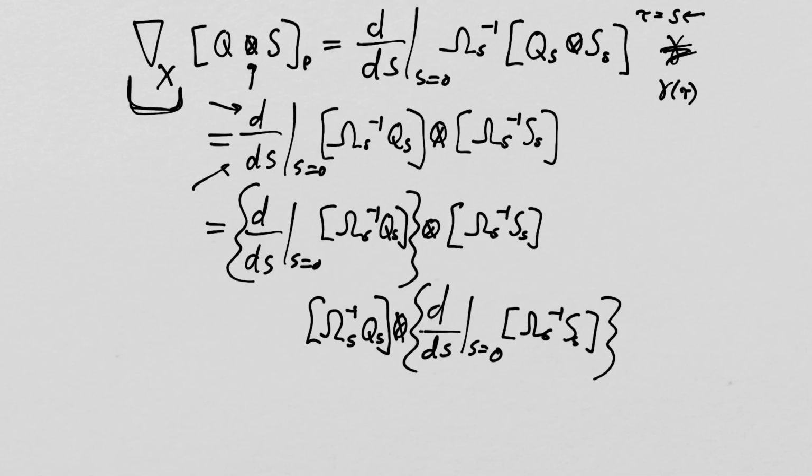And we're done, because this is the definition of the covariant derivative of Q of S along this curve, right? And the curve comes in here because S is parameterizing the curve of which the vector x is a tangent vector. And this here is the covariant derivative of S.